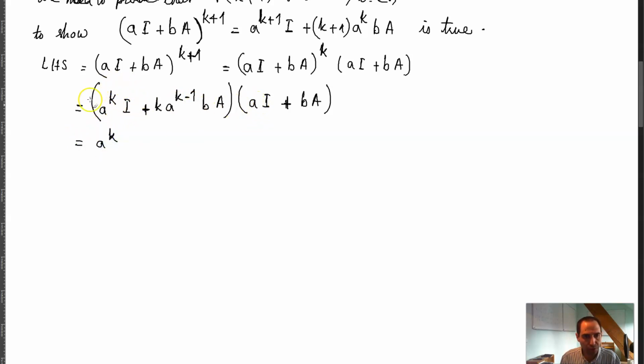times, for example, let's say that you want to multiply this by this one. You have A raised to the power k times A, and that would be times I squared. I times I is equal to I squared.